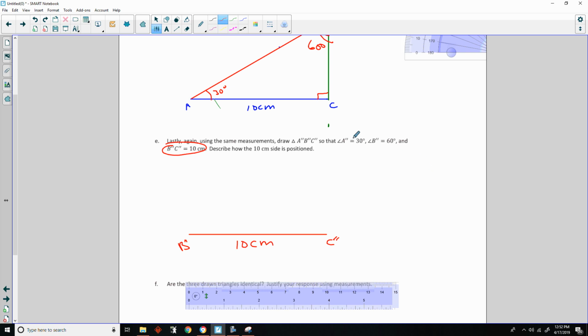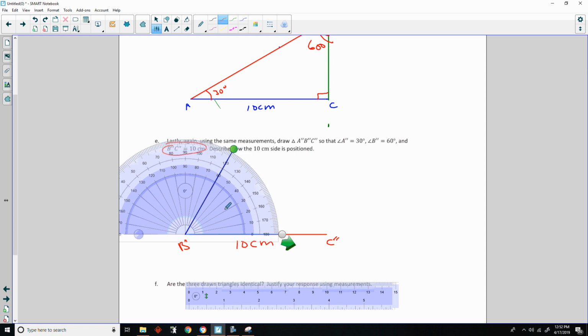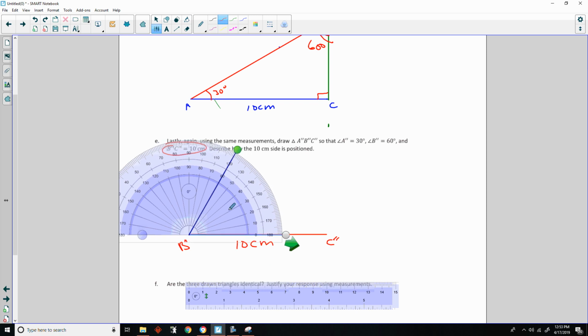I now will make angle B, because there's no angle A, it's up in space somewhere. Angle B 60 degrees, so I take my protractor, put it right as close as I can to the point B so that my line is right on 0. And I want 60 degrees, which is over here, and I'll put a mark on there.